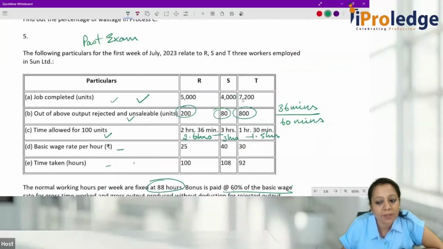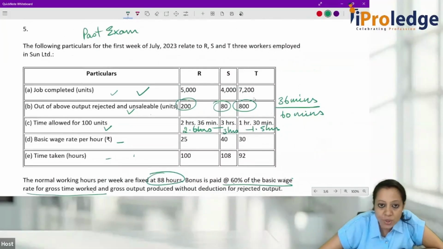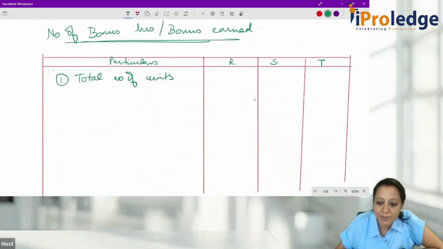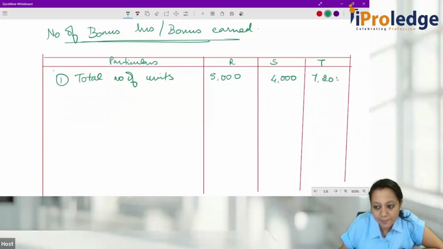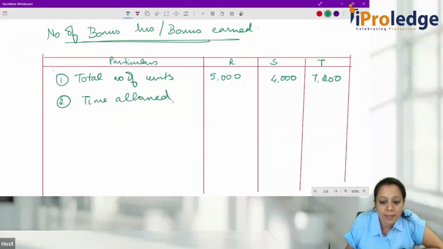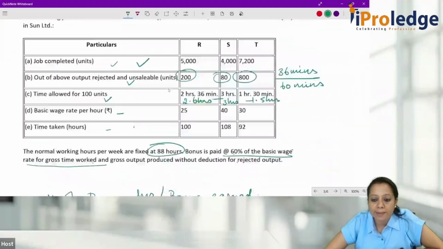First row: 5,000, 4,000, and 7,200. Next one is time allowed. If you do that and keep it directly, you can copy paste here.